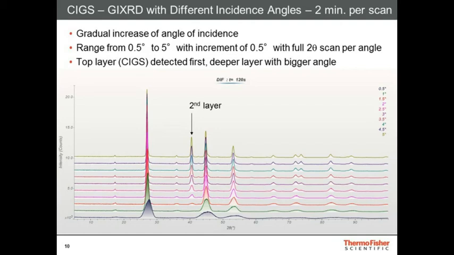On the bottom, in blue, you can see the scan at 0.5 degrees. And then at 1.5 degrees, which is the red scan, you can see that there is an additional signal at around 40 degrees. So this is the second layer which appears. So therefore, we have some kind of depth profiling.